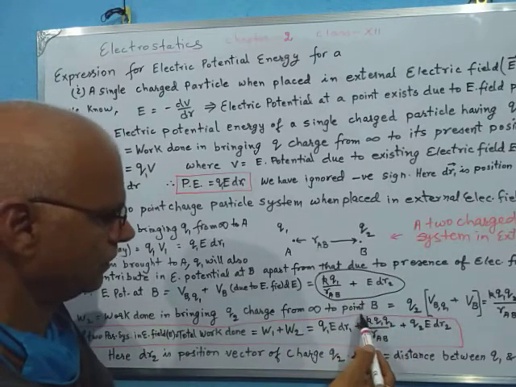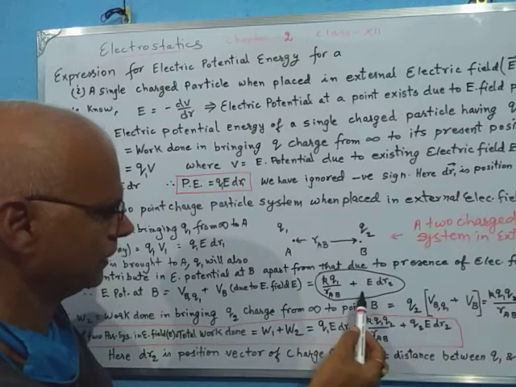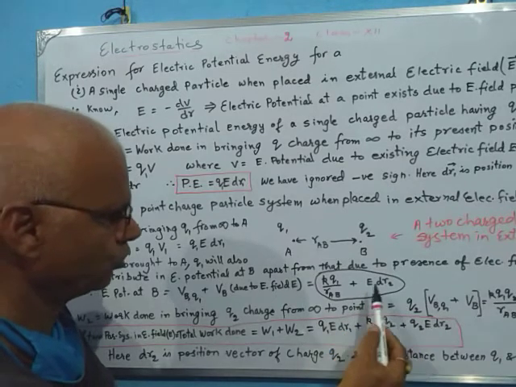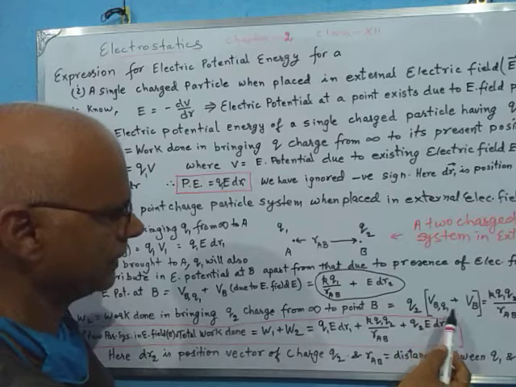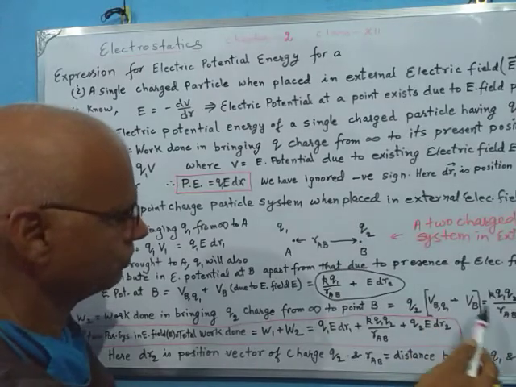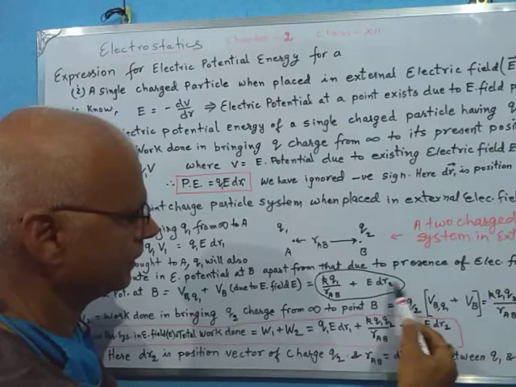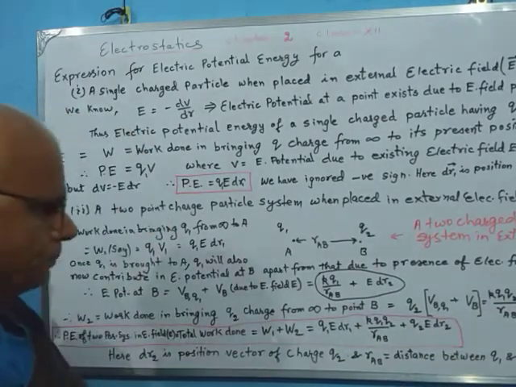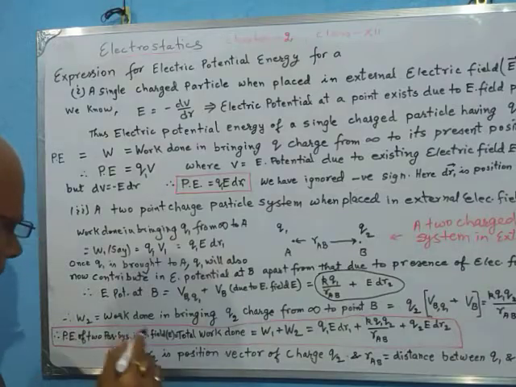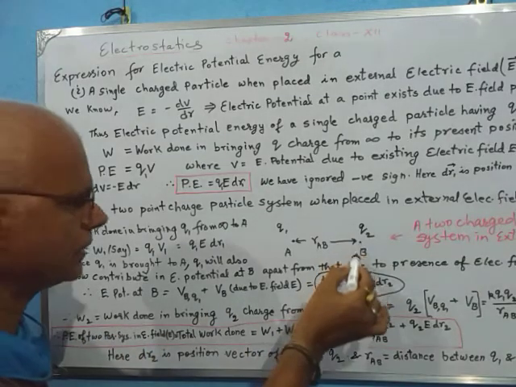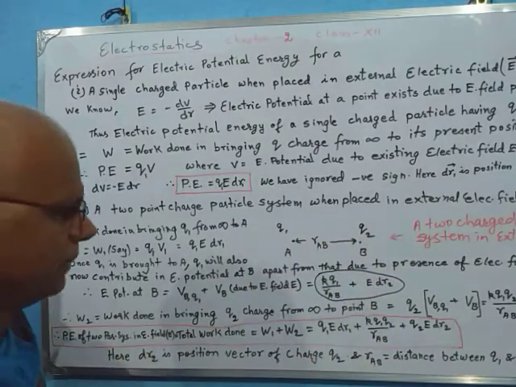So the total work done will be Q2 times the total electric potential at point B, and that comes out to be K Q1 Q2 by RAB plus Q2 E dr2. This is the amount of work done in bringing the second charge particle from infinity to point B.